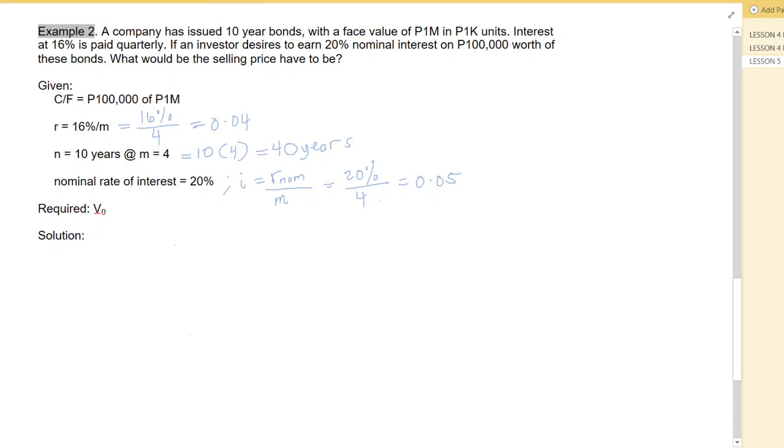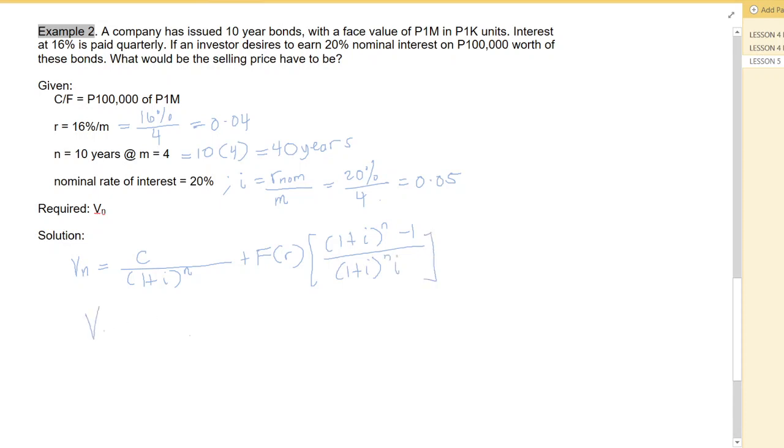So for the solution we have there, we have to get again the selling price, which is V sub n. So that is again equal to future amount C divided by 1 plus the yield interest rate raised to n, which is the redemption period. Okay, so that is plus F, then multiplied by the bond rate, multiplied by 1 plus I raised to n minus 1 again, and then divided by 1 plus I raised to n multiplied by the yield.